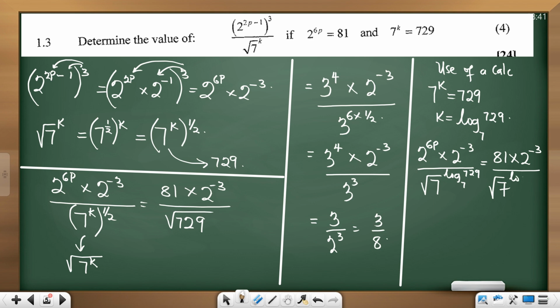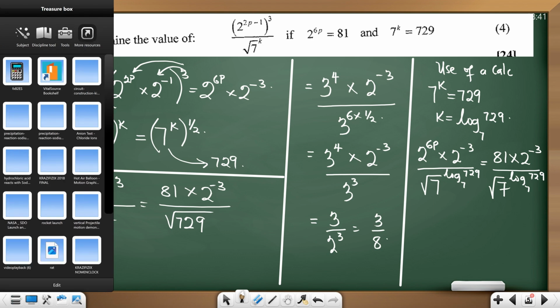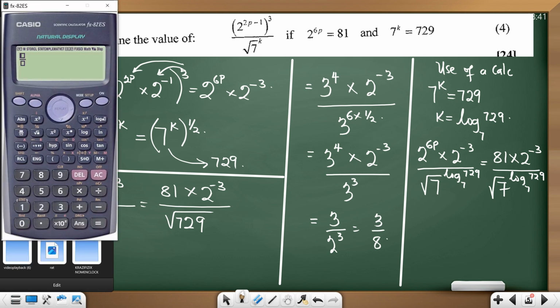Let's try it. Let's see if we're going to get an answer. I don't know, it just came to my head as I was working. Since they did not restrict me, what do I have? 81 times 2 to the power negative 3 over the root of 7. All right.